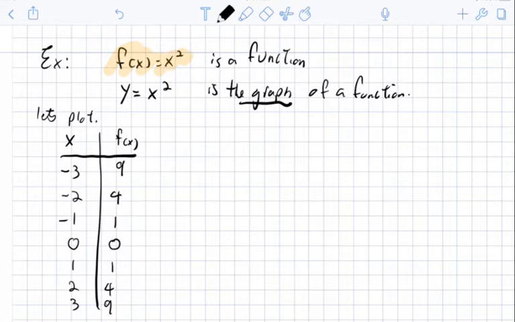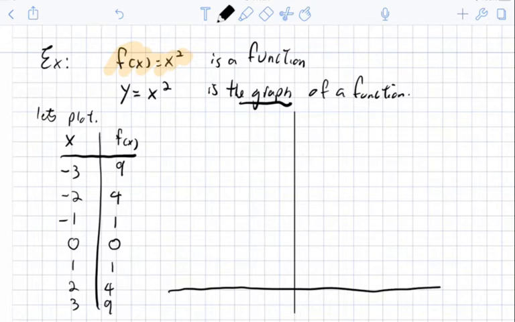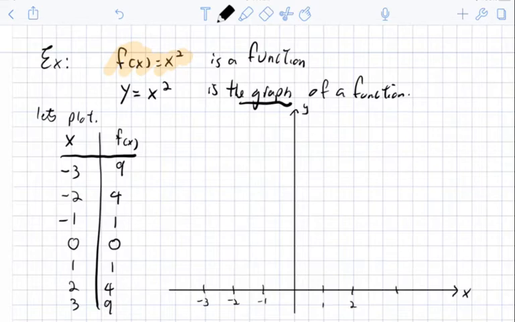So, if I want to graph this function, what I might do is draw my x and y coordinates. Okay, so this is the x-axis, and this is the y-axis. Let me label them. -1, -2, -3, 1, 2, 3, and then 1, 2, 3, 4, 5, 6, 7, 8, 9.